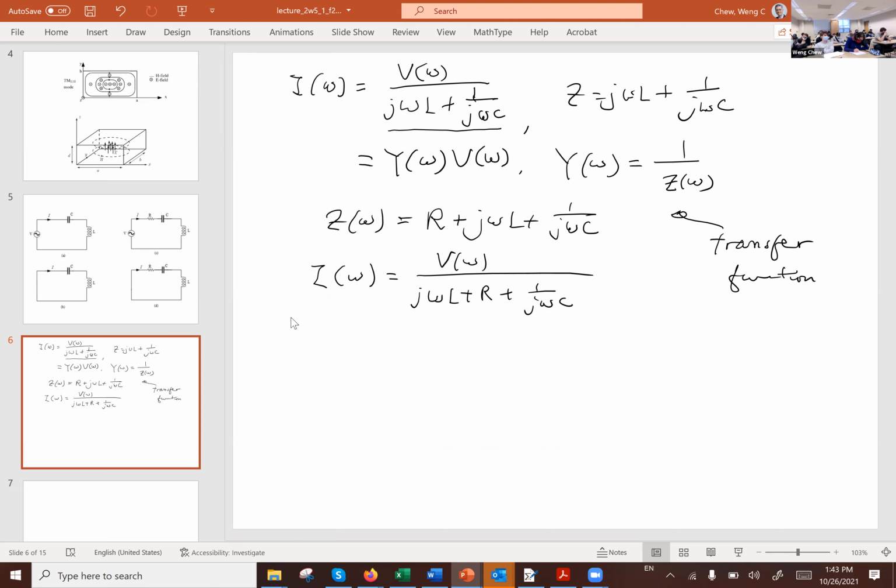It is usually the relationship between the input and output. And in this case, we can think of this as the input and this as the output from a linear system theory viewpoint. Okay, so the peculiarity about when you have a small resistor is that this denominator would never go to 0 when you have a real frequency omega. Okay, so if your thing is operating with real omega, you will never have the denominator going to 0.